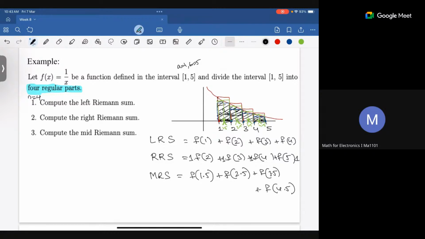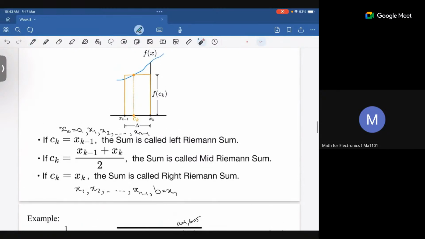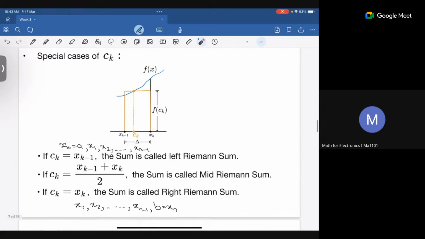And it may be true for most of the cases. For some cases, it may be equal, but for most of the cases, you will see that the left, right and mid Riemann sums will be different because the way in which you choose CKs are different in each case. So you can observe that the way you choose CK affects the area. So you should carefully choose CKs.